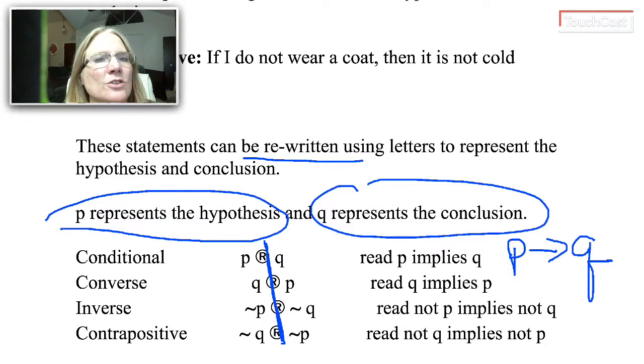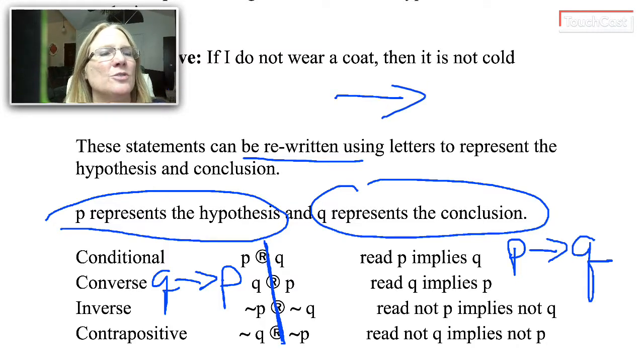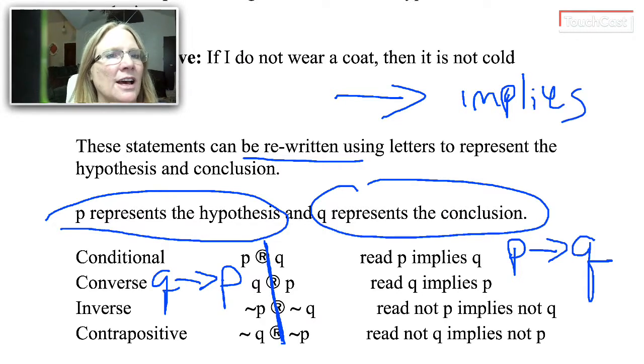And then the next one should say Q implies P. And then the inverse is not P implies not Q, and the contrapositive is not Q implies not P. Again, where you see the odd symbol, it should just be an arrow like that, and that reads implies. Okay?